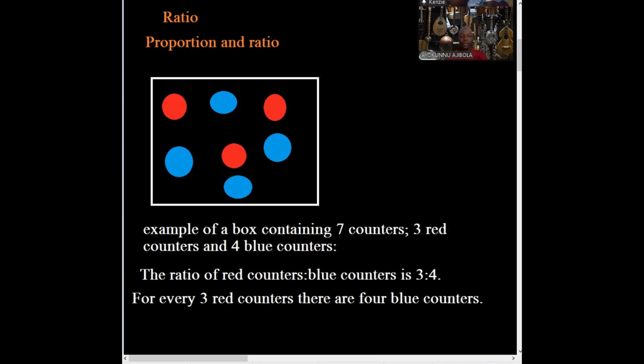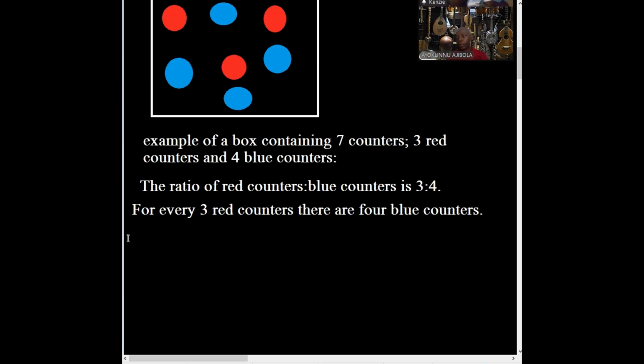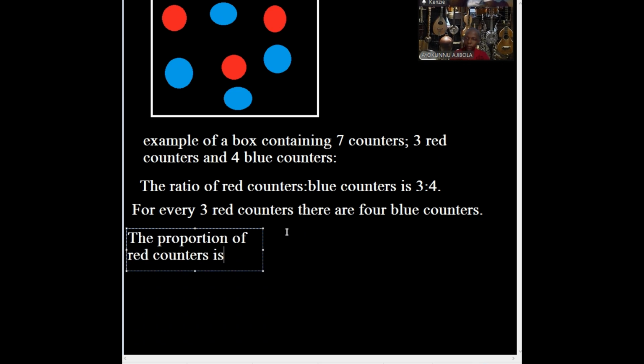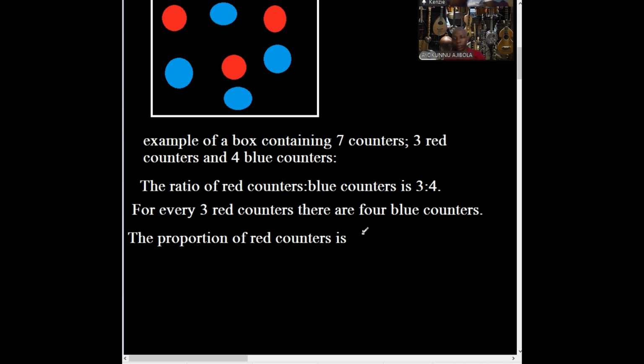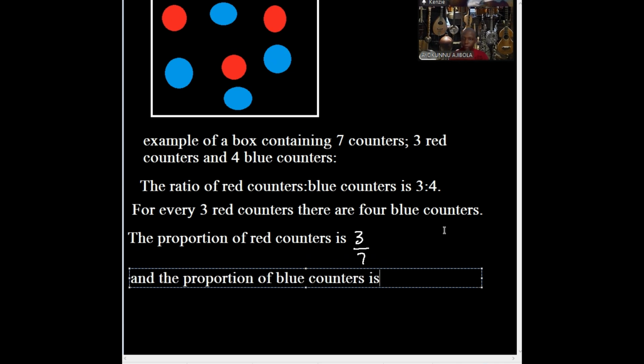The proportion of the red counters in the total is going to be 3 to 7, that is 3 over 7. And the proportion of the blue counters in this particular scenario is going to be 4 over 7 as well, such that if we have the two proportions together, we get a whole.